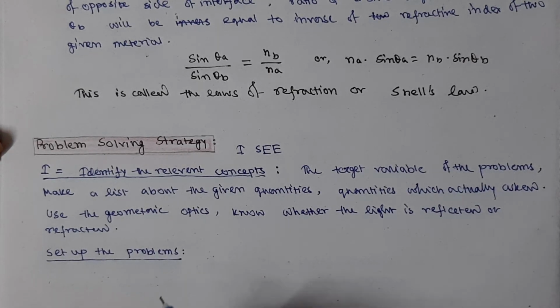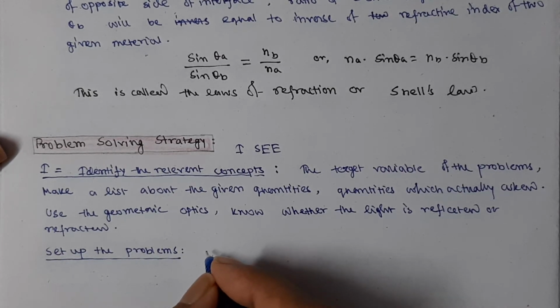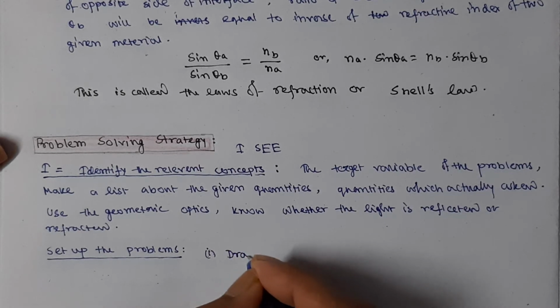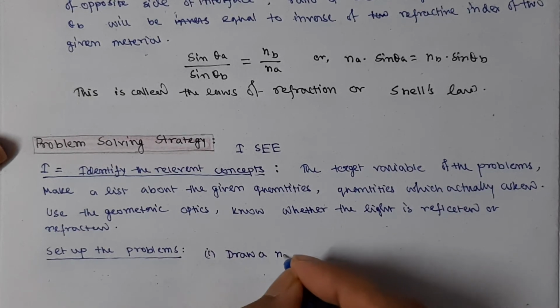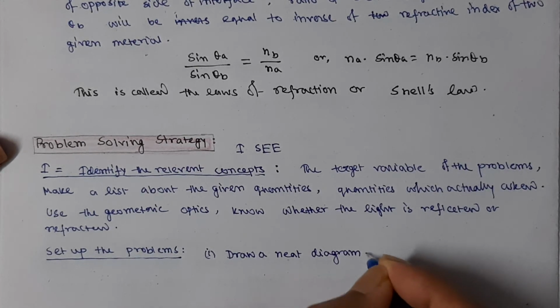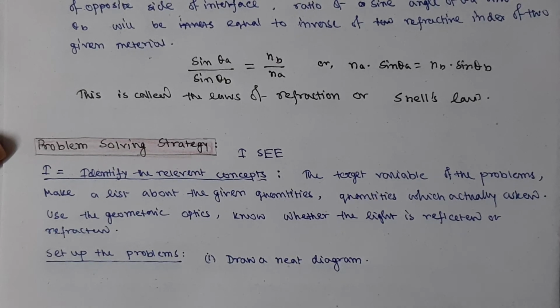In this section we draw a neat diagram, with material A, material B, the reflected ray, the refracted ray and the incident ray.